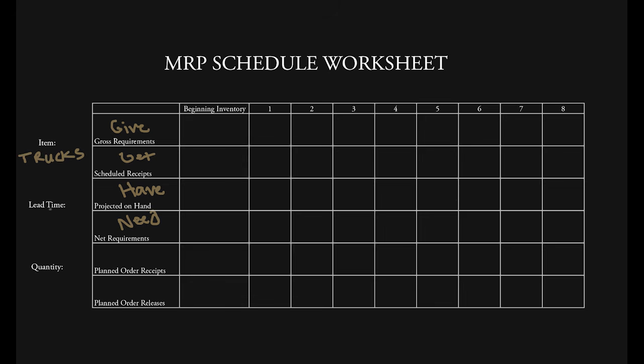And in terms of lead time, or how long it'll take to have materials arrive, we're going to say 2 months. And then quantity, this is going to be L4L, or if you don't know what that is, it's lot for lot. And if you don't know what that is, don't worry.